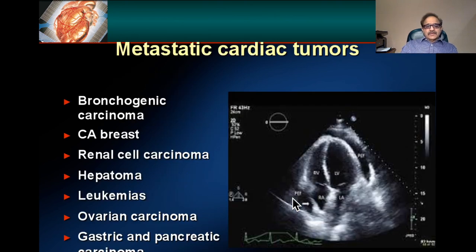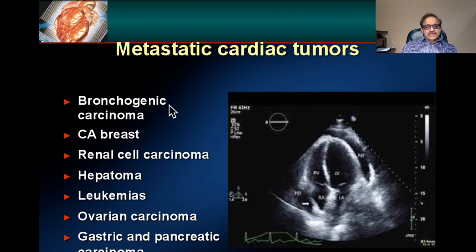Metastatic cardiac tumors, I've already told you. The metastasis to the heart comes from bronchogenic carcinoma, carcinoma of the breast, renal cell carcinoma, hepatoma, in that order of frequency, then leukemias, ovarian carcinomas, gastric, and pancreatic carcinoma.